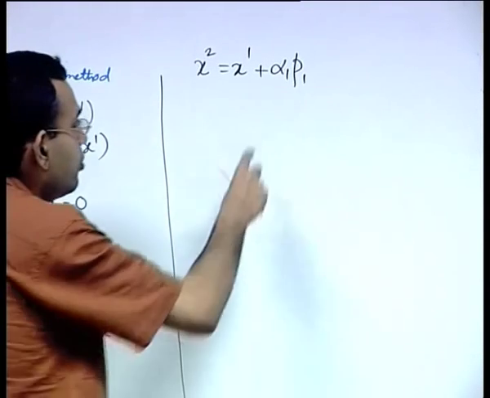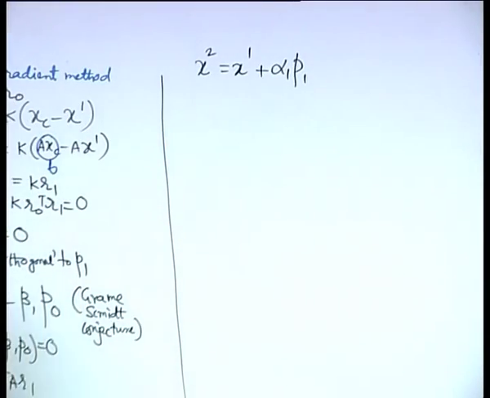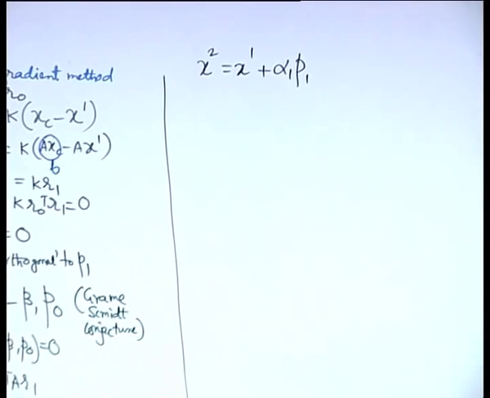So the question that remains is, what is this alpha 1? Again the basic principle is the same. Alpha 1 should be such that f is a minimum.